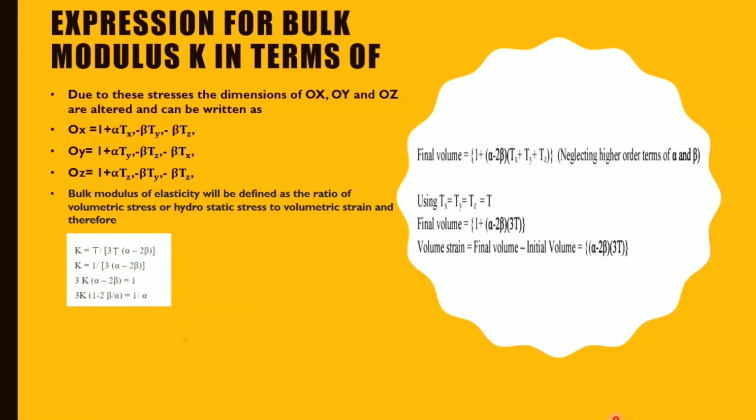Now we will have K equal to T by 3T times alpha minus 2 beta. So this is our volume strain, and T is the volumetric stress. K is equal to T by 3T alpha minus 2 beta.